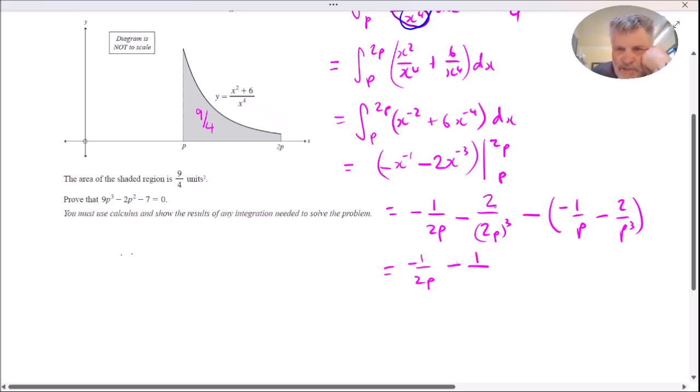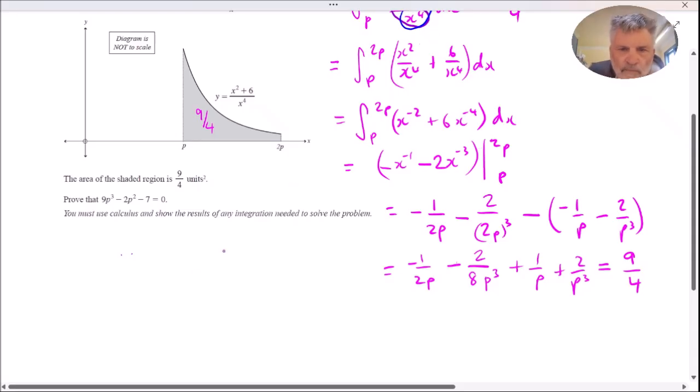This one's not as egregious, so 2 over 2 cubed is 8p cubed. Then minus minus, it's plus 1 over p, and minus minus, it's plus 2 over p cubed. And as we noted at the beginning, this is equal to 9 over 4.